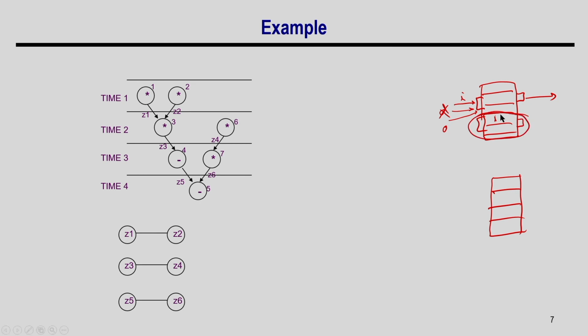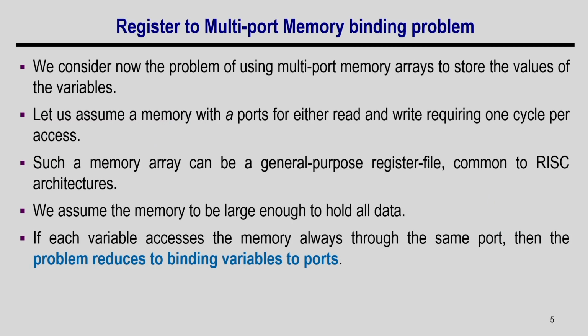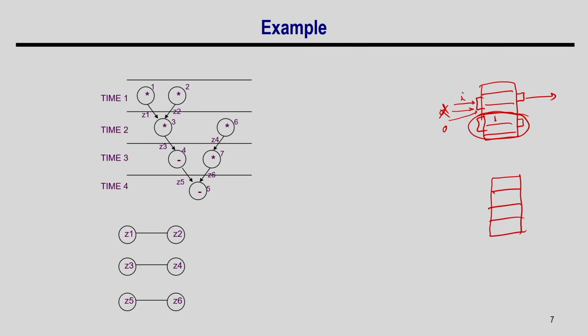Now, what is the problem? In the hardware we have a set of such register banks. The number of ports may be flexible, but usually it is 1 or 2. This is my register bank 1, this is my register bank 2 and so on.